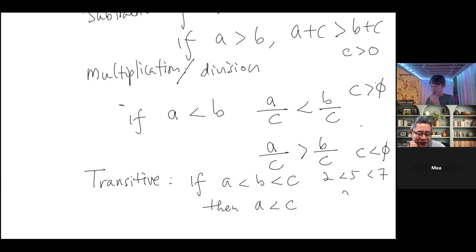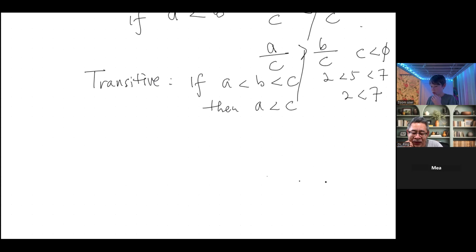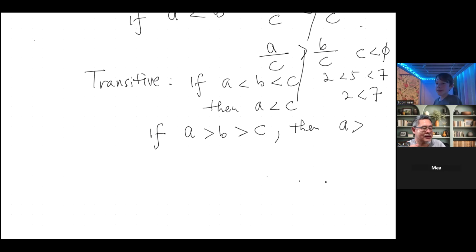That's what is meant by the transitive property. And of course we have the same rule with greater than. If A is greater than B and B is greater than C, then A is bigger than C.